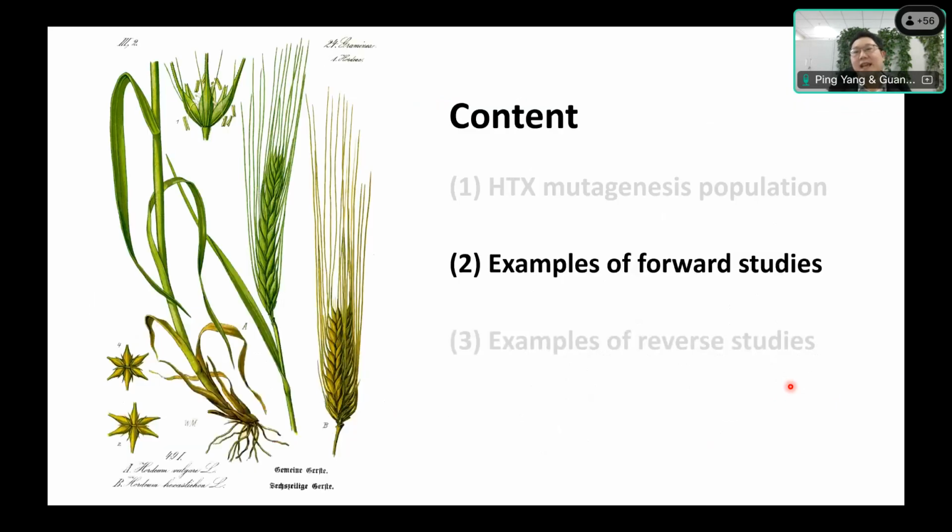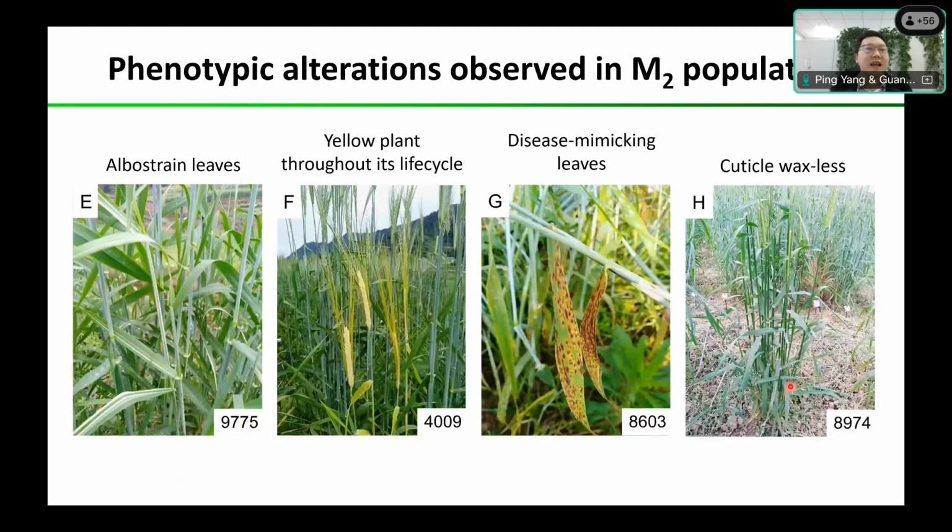Now I would like to move to the second part of my talk. On the other hand, we also identified a large number of mutants that show phenotypic alterations in the populations. As you may see here, some lines show upright leaves.